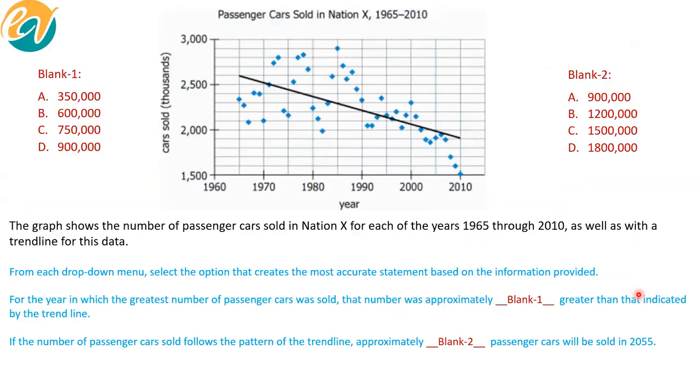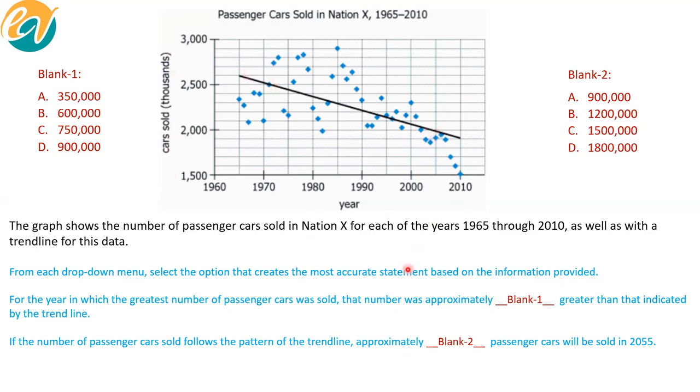Passenger cars sold in nation X from 1965 to 2010. This is not at all difficult, actually. So this is year, and these are the cars sold.